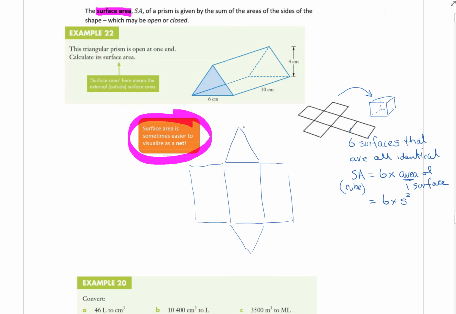However, we're introducing another concept in this example, and it says it's open. Please note that. You must read the words of the question very carefully. If it's open, then it doesn't have one of these. That's gone. Means there is no end.